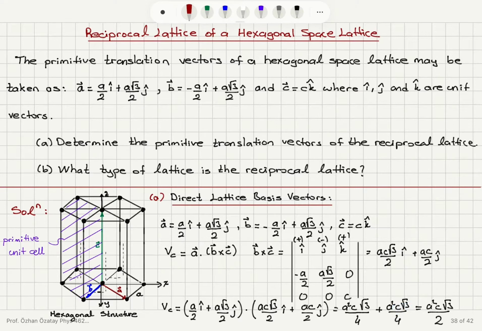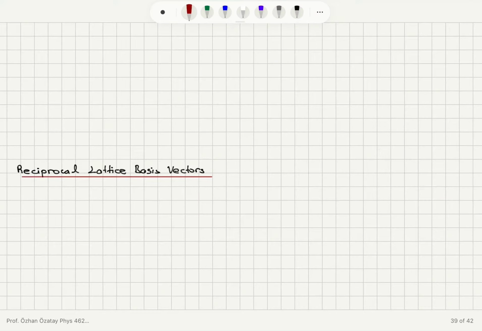Okay, now we have evaluated the volume of the primitive unit cell, and I want to check that what I have labeled here as the primitive unit cell is actually correct. So if you remember, the definition of the primitive unit cell is it contains only one lattice point.